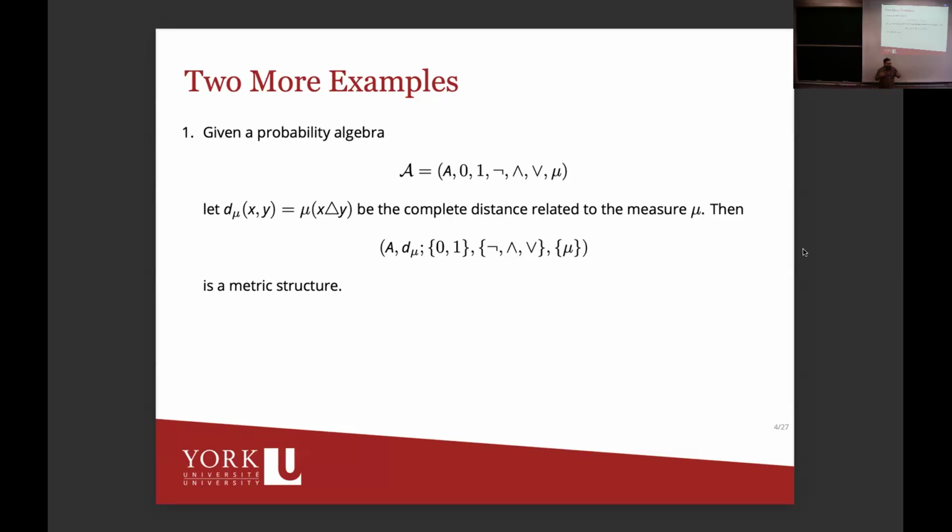This probably takes a little bit of probability theory, but that is a complete bounded distance. And so I get a metric structure where 0 and 1 are constants, the complement, meet, and join are functions, and I'll throw in the measure as a predicate, just to give you an idea of what these things can look like.